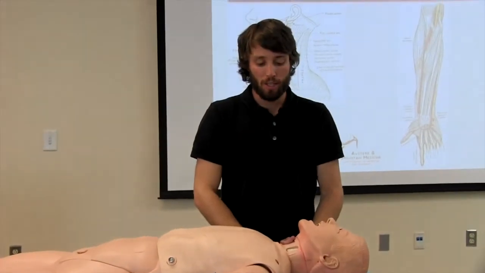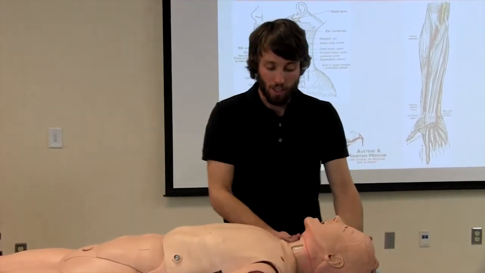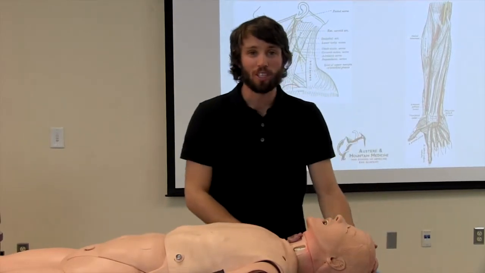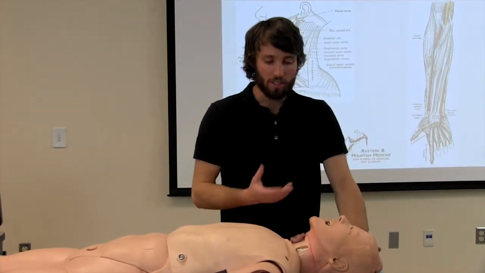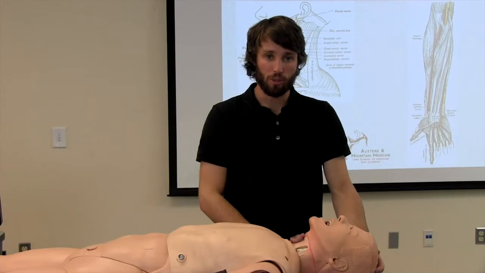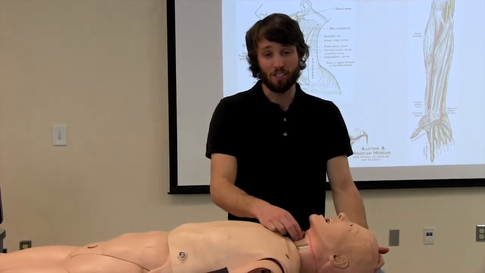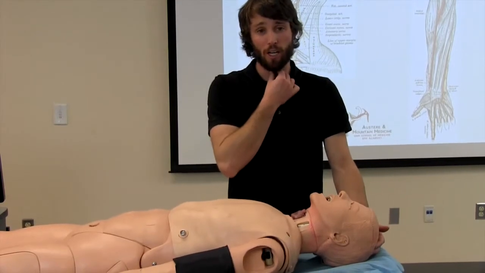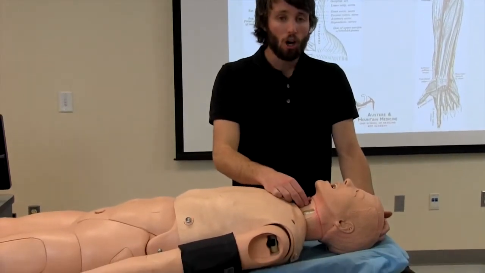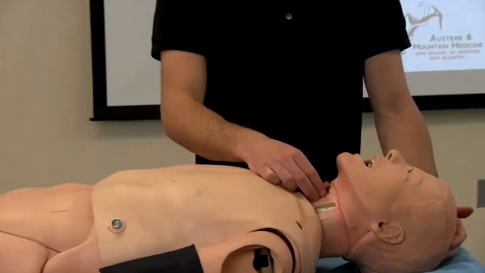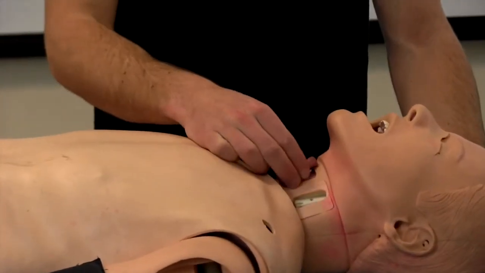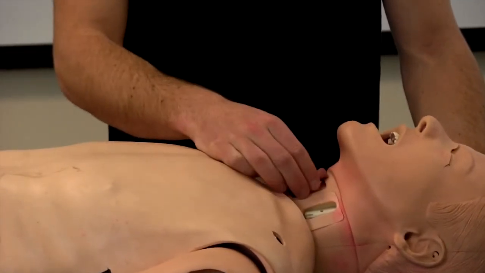Moving up to the carotid, thankfully this guy has had his neck skin removed. So we can see, at least on this mannequin, where the carotid should be found anatomically. In general, I like to start by finding the trachea, because the trachea is very obvious to feel. It's a very hard cartilaginous structure, and it's right where your windpipe is.